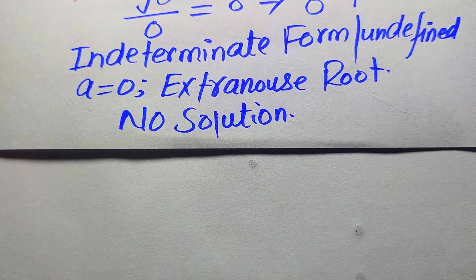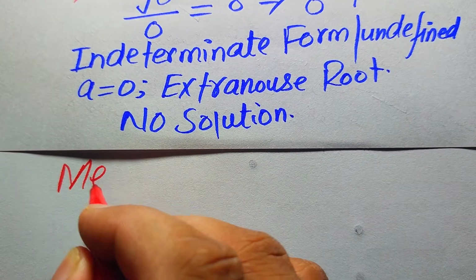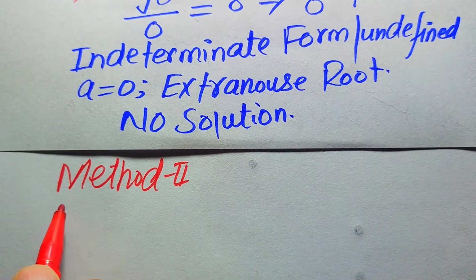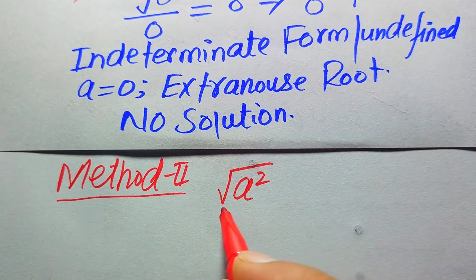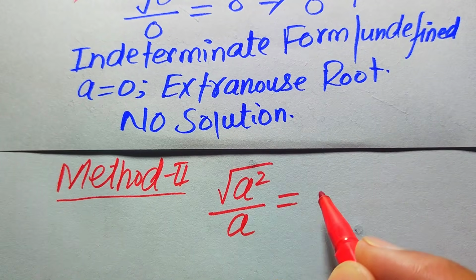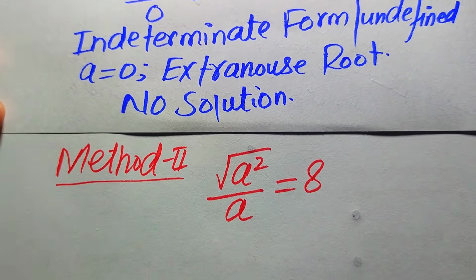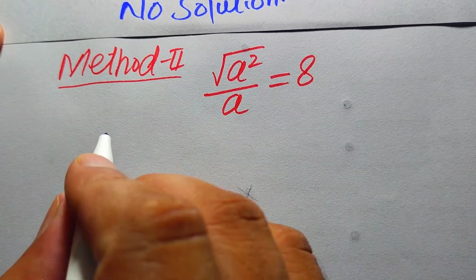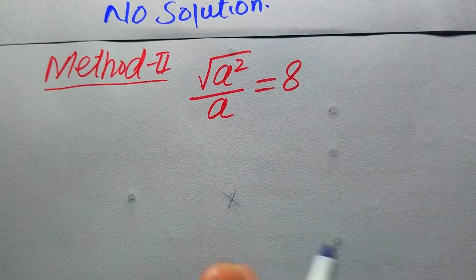Now we again solve this problem by the second method, and in the second method we need to copy down the given question statement here, which is square root of a squared divided by a is equal to 8. Here we just use another quick method to solve this problem for the values of a.